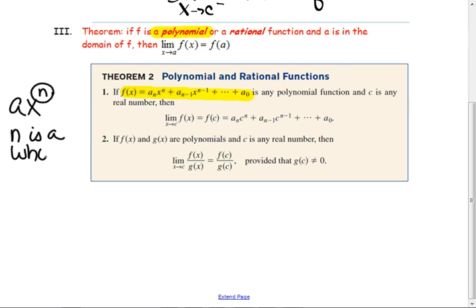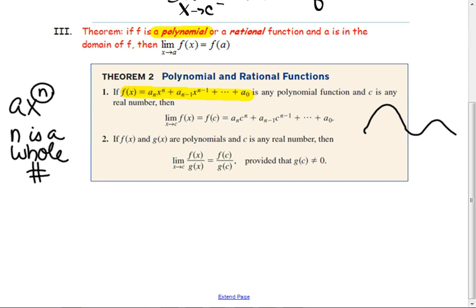So you have no fractions, no negatives, no decimals. Okay? It's a whole number. If you have a polynomial, the limit exists everywhere. We like that model with polynomials because those are nice. They behave nicely. They're all going to look like this. They're going to be continuous. The limits are going to exist, no problem.